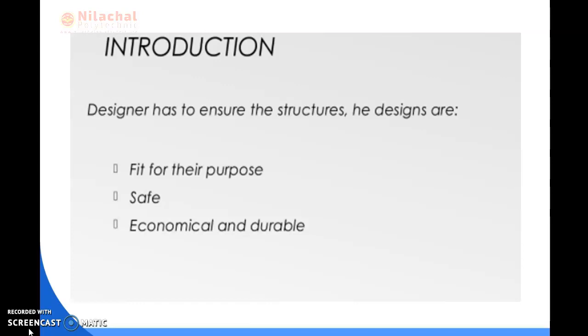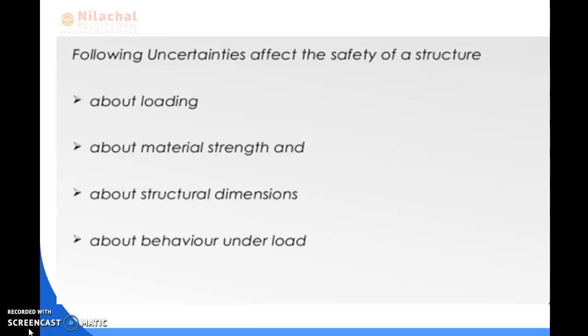In the previous class we discussed the working stress method, and in this class we discuss the next method, which is the limit state method. How the limit state method is more accurate than the working stress method, we discuss in this chapter. Uncertainties affect the safety of a structure: uncertainties about loading, about material strength, about dimensions, and about behavior under load.